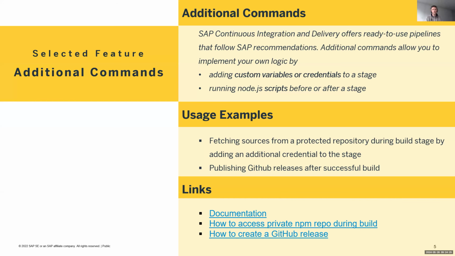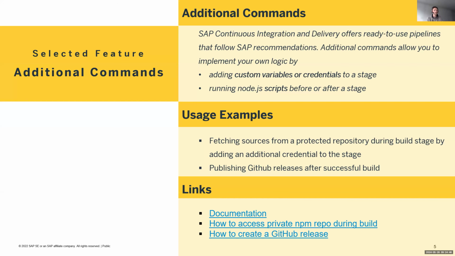So what I wanted to show to you is how you can augment any CI/CD pipeline in the SAP Continuous Integration and Delivery Service with custom behavior using Node.js. You can write a script, you can inject variables, you can inject credentials into this script environment to implement custom behavior.